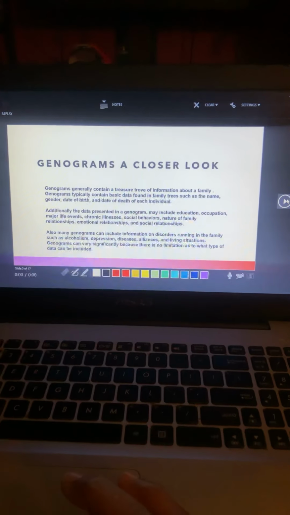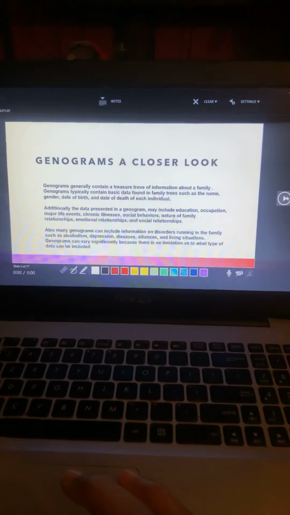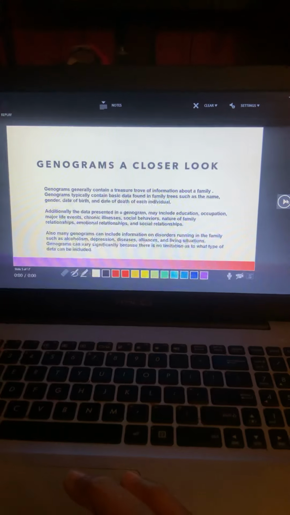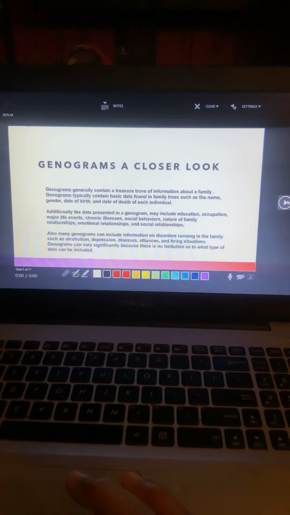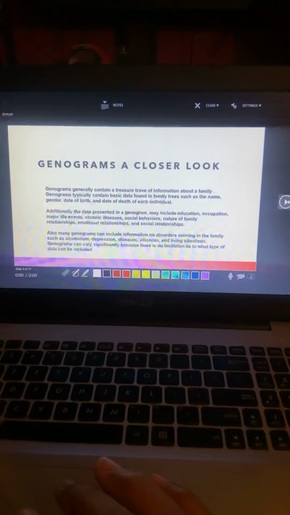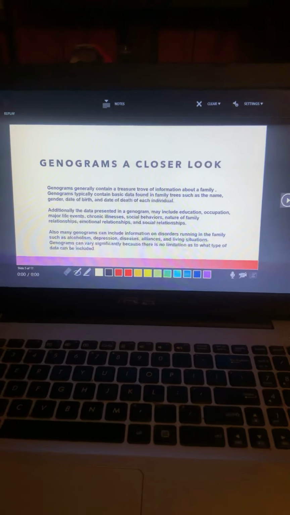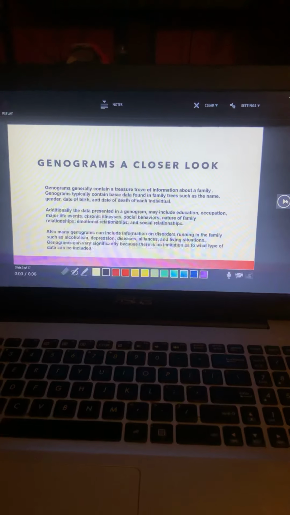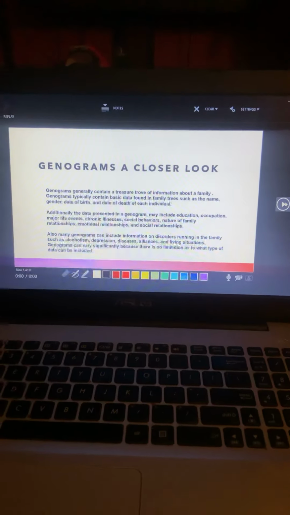Genograms, a closer look. Let's look closer. So here, genograms generally contain a treasure trove of information about a family. Genograms typically contain basic data found in family trees, such as the name, gender, date of birth, and date of death of each individual.